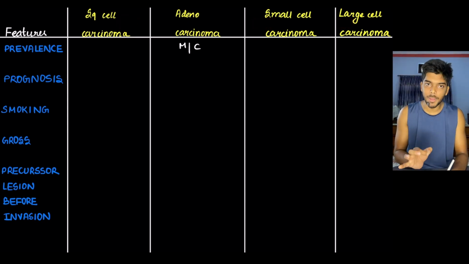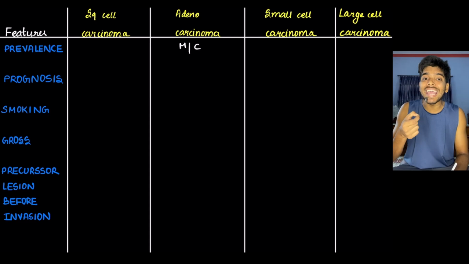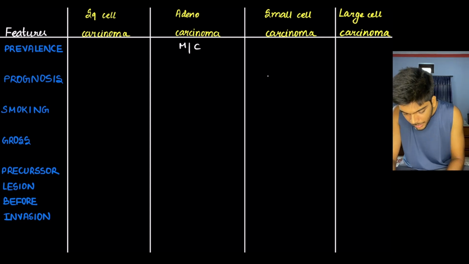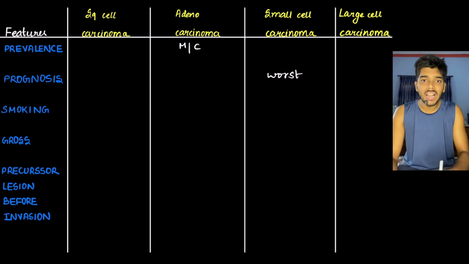But at least remember, the most common bronchogenic carcinoma or the most common lung cancer is adenocarcinoma of lung. Okay. Prognosis. Small cell carcinoma has the worst prognosis. It is the most fatal out of all.